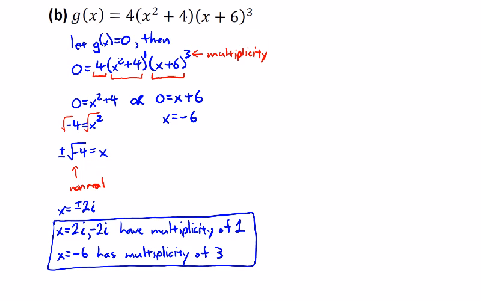With part B, we had three different answers that were unique. We had x equals -6, which classifies as being rational. But the 2i and the -2i, those are going to qualify as being complex.